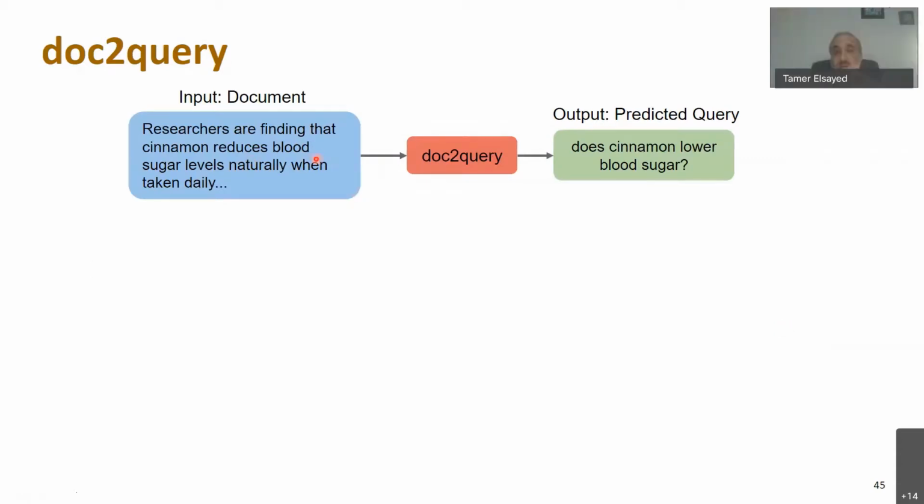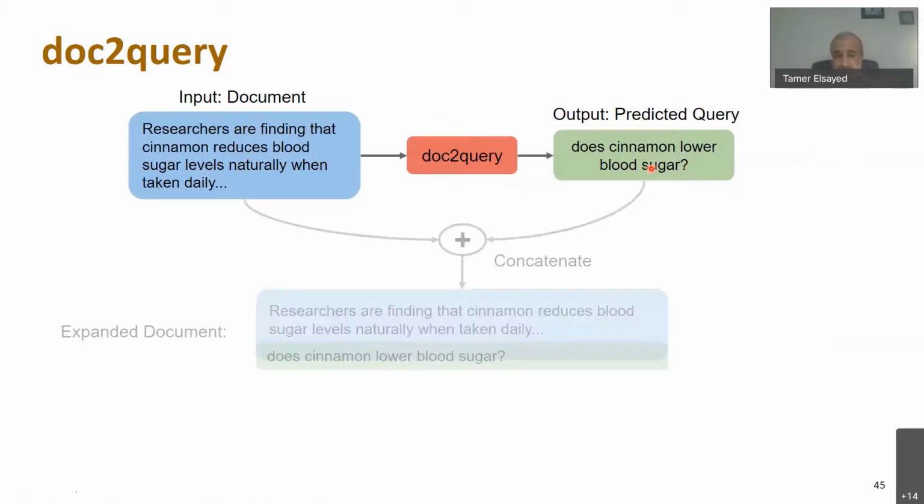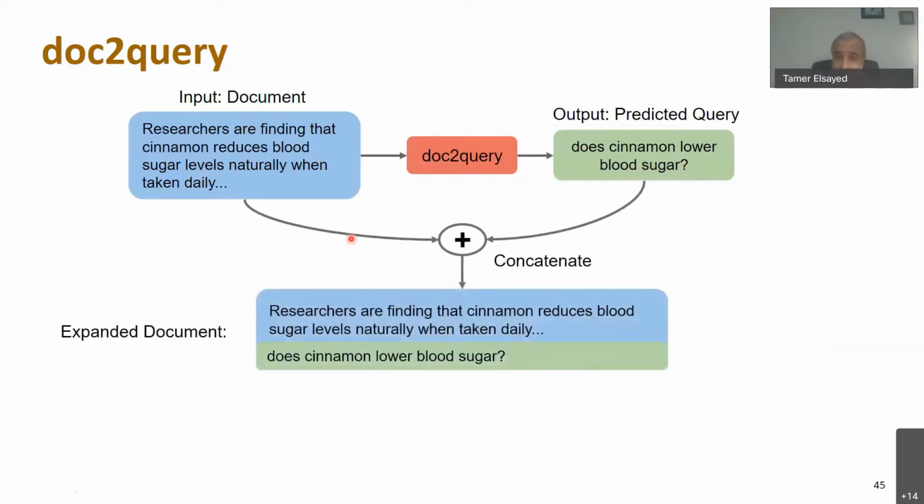After we train the doc2query model, the transformer, we pass the document and we get the predicted query. Then we concatenate both. The new document will be the original one concatenated with whatever was generated as the query. Now this document will go to indexing.